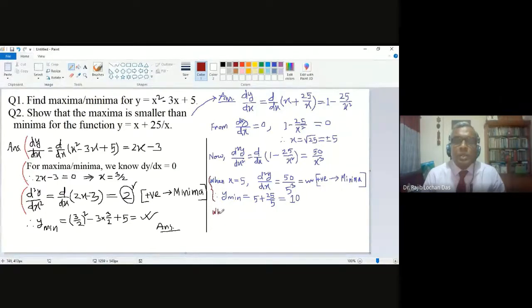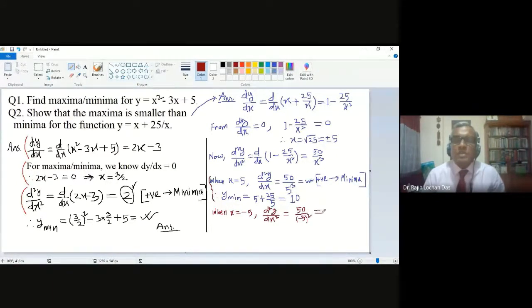You will write, okay, when x equals -5, we are getting the second derivative value as d2y by dx2 equal to 50 by -5 cube. So whatever the answer is not very important. The point is it will be a negative answer. That is the main point.